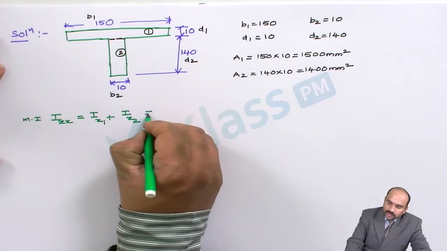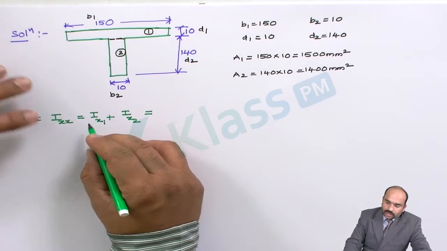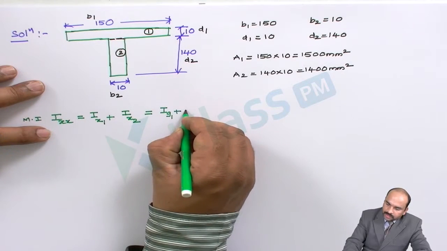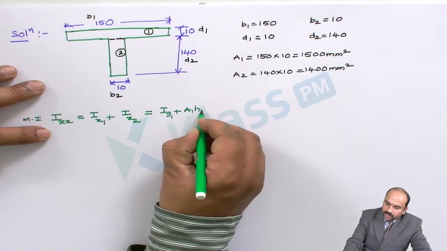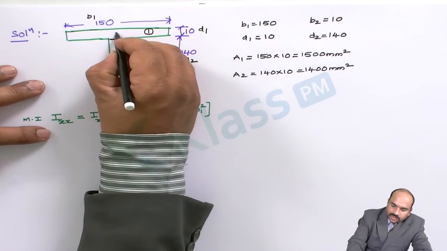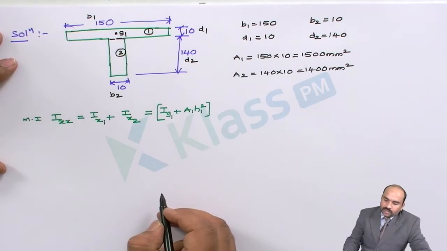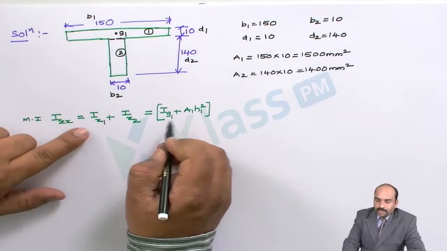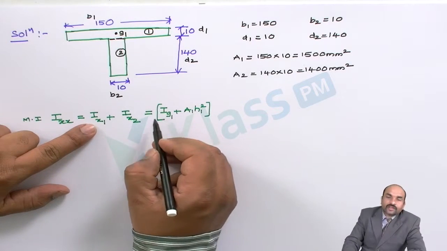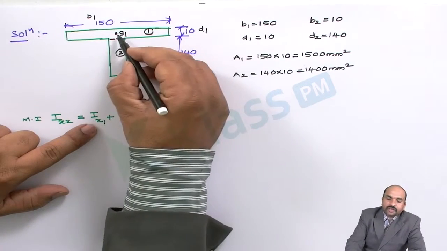Now this is equal to moment of inertia about its center plus A1 H1 square. What is G1? G1 is the center of rectangle 1. We have to apply the parallel axis theorem for Ix1 because the center of the complete diagram is different from the center of rectangle 1.